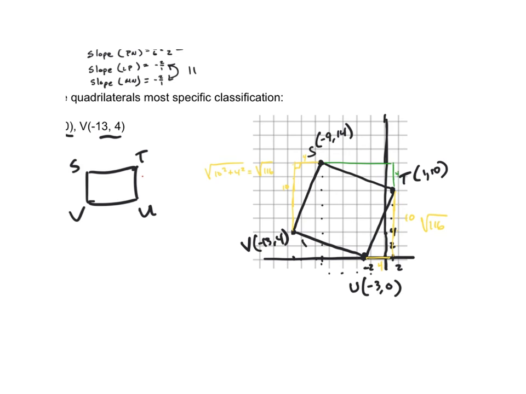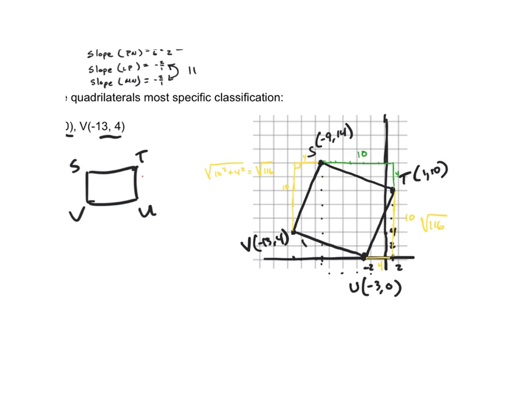I went up 4 for this triangle, and then I went over from 1 to -9, so 2, 4, 6, 8, 10.